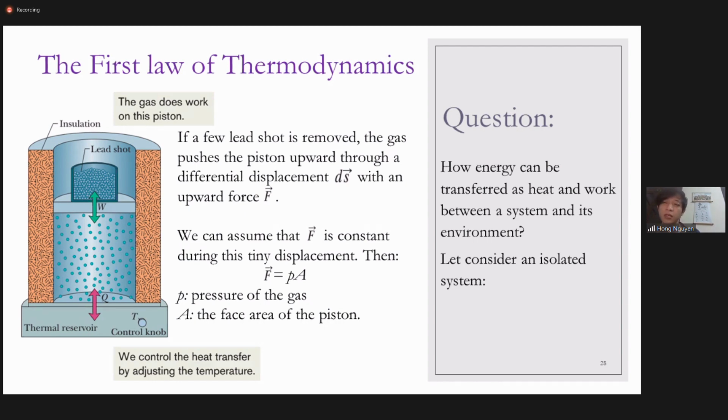Now, this force is equal to the pressure of the gas times the face area of the piston. This is the definition of a force. I try to be slow here so you can follow me.